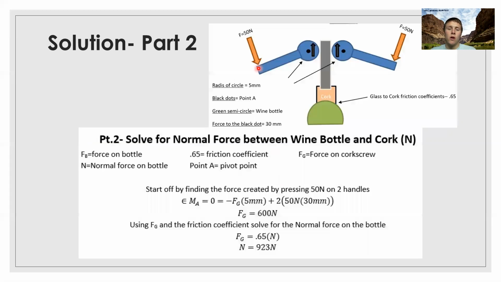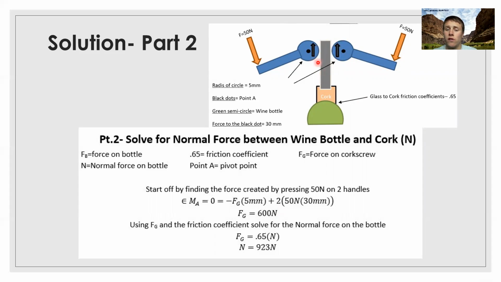To find this, we're going to use two equations. The first is summing of moments. To figure out our sum of moments, we are going to take our 50 newtons, 30 millimeters away, and there's 2 of them, so we need to multiply by 2 to give us the force that is pressing upwards.